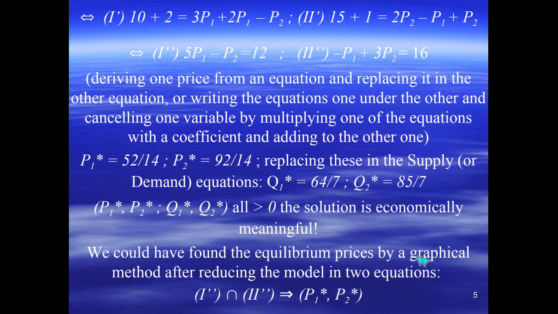We could have found the equilibrium prices by a graphical method as well after reducing the model in two equations, as I said. Then we could have drawn these two equations on a Cartesian coordinate system and see where they intersect. They would intersect at the point P1 star, P2 star indeed, and then we could replace again in the supply or demand equations and obtain the Q1 star, Q2 star.